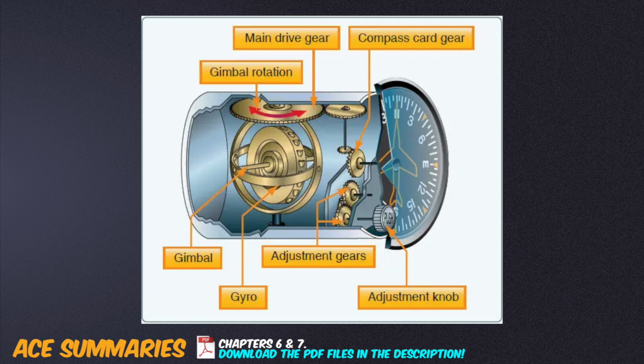The rotor is suspended in one or more frames called gimbals, which are at right angles to each other if viewed from atop the rotor. One gimbal is required for each axis upon which you wish to measure the instrument movement, accounting for the effect of precession.